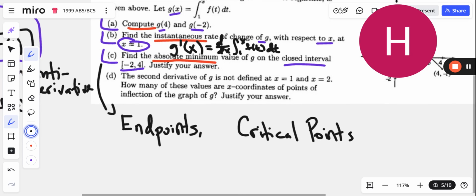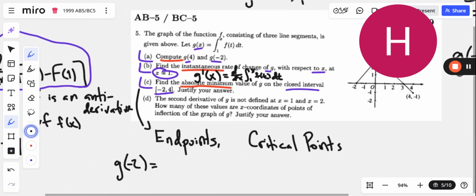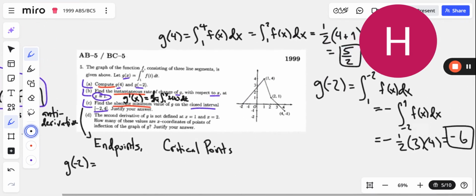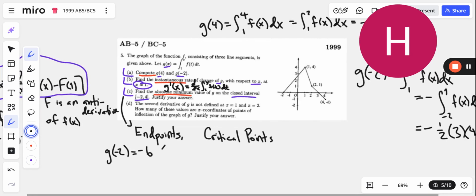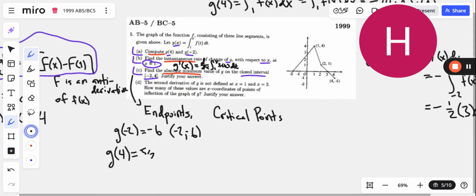So we need to look at endpoints, meaning g of -2, which we've already calculated. That was -6. We did that in part A. And also g of 4, which we also calculated in part A, which is 5/2. So far as minimums go, it's looking like -6 is pretty minimal.